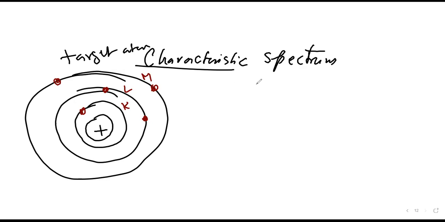Now, one high-speed electron has entered the territory of this atom, and while it enters, it continuously produces the continuous spectrum.